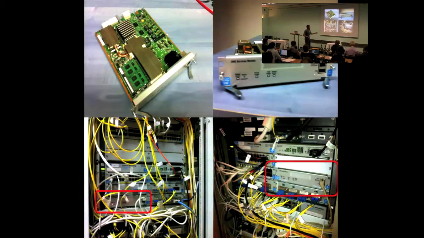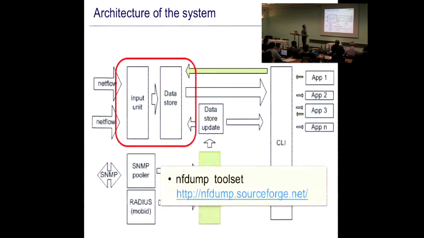There are also pictures of how it works in operational state, but there is nothing special about it. There is just regular NetFlow data. As the tool for processing data, we were thinking whether we should create our own tools or use tools that already exist and do a good job. So we started using NfDump as the NetFlow collector.